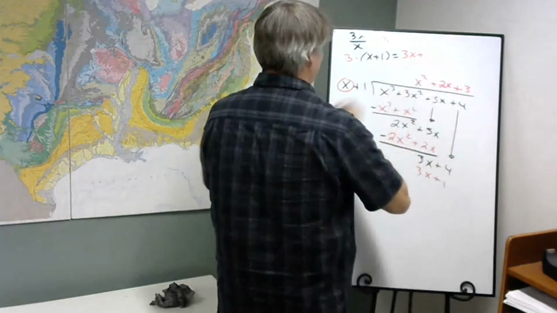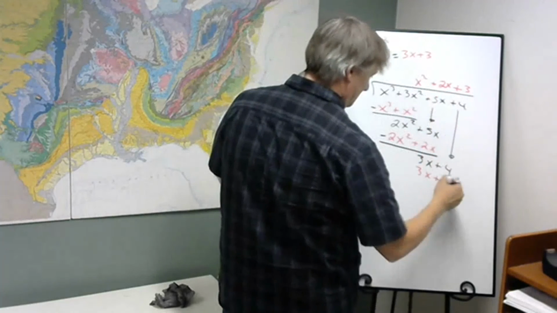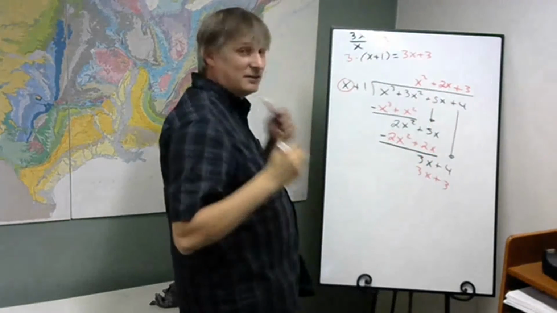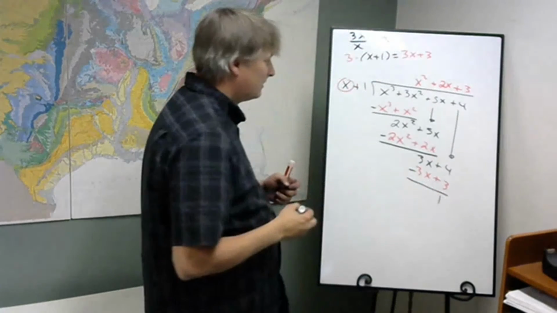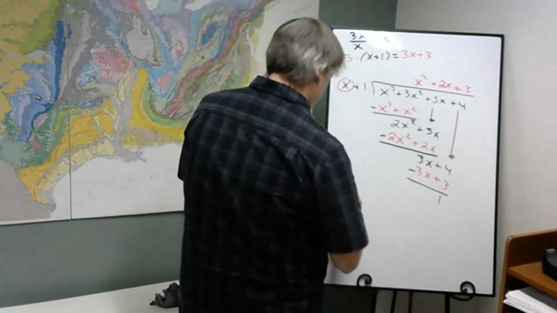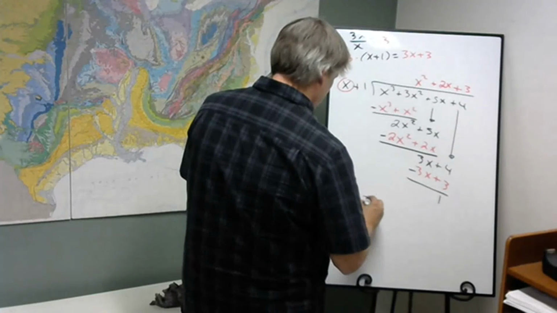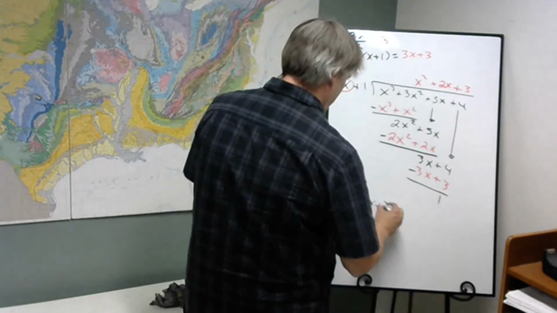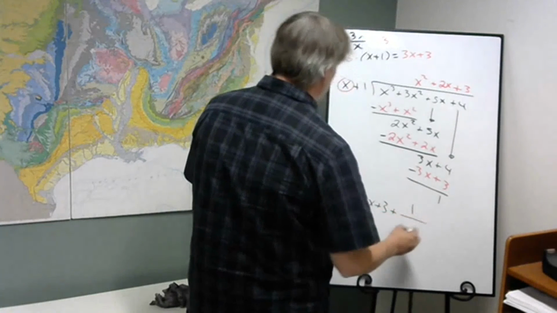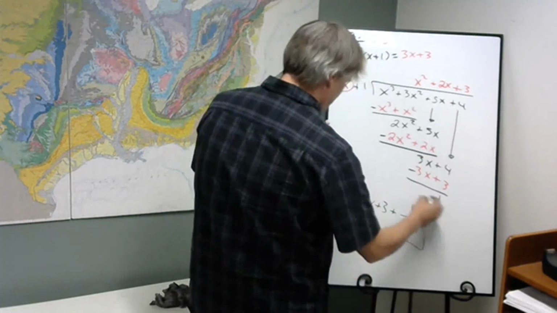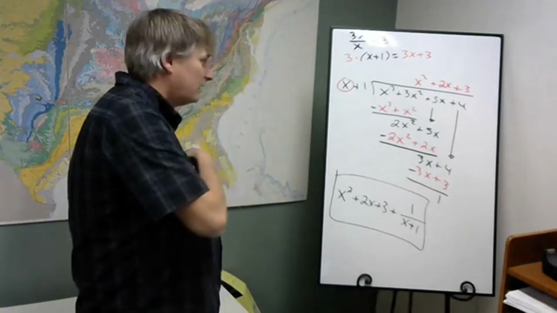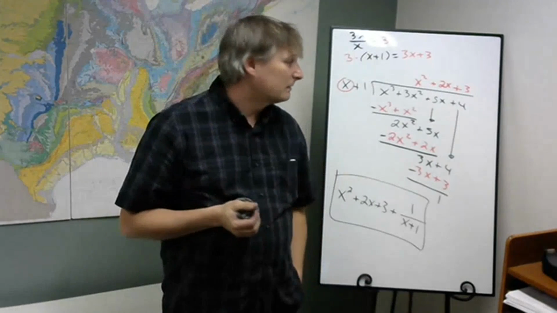Oh, plus 3. Not quite so good. Now subtract. We're going to get 1. So we have x squared plus 2x plus 3 plus the remainder 1 over x plus 1. And that's going to be our answer.